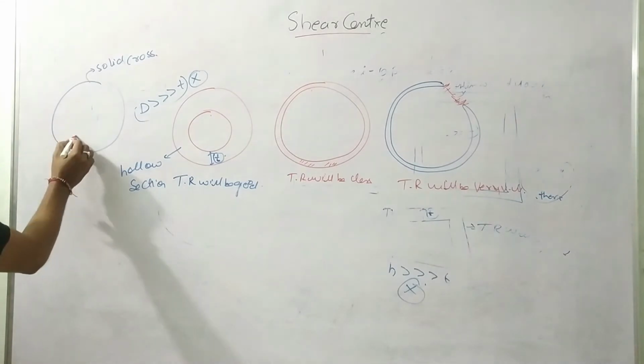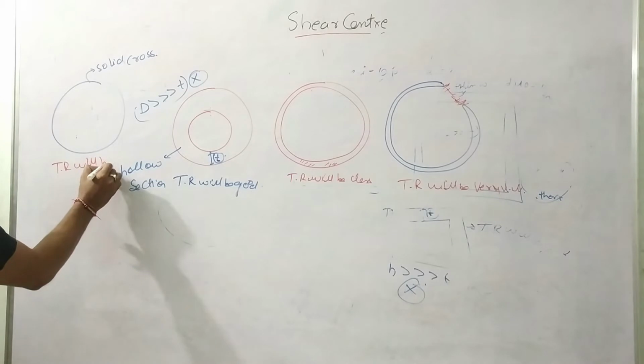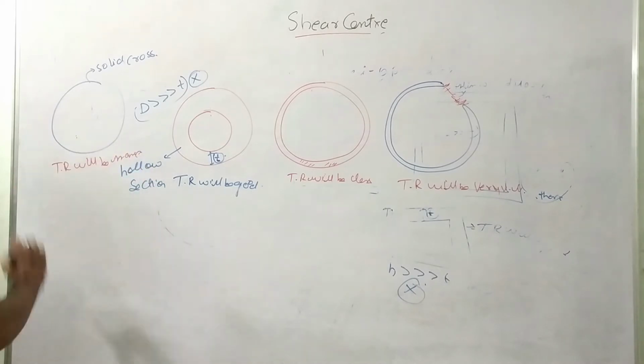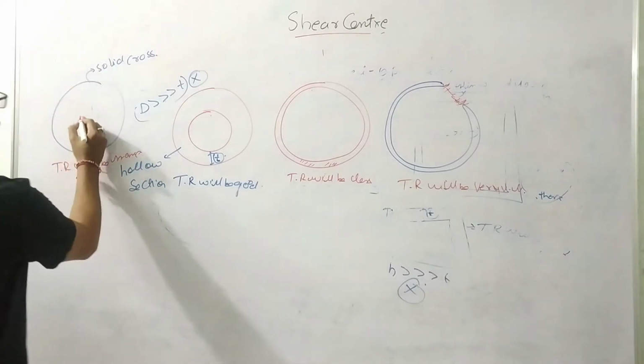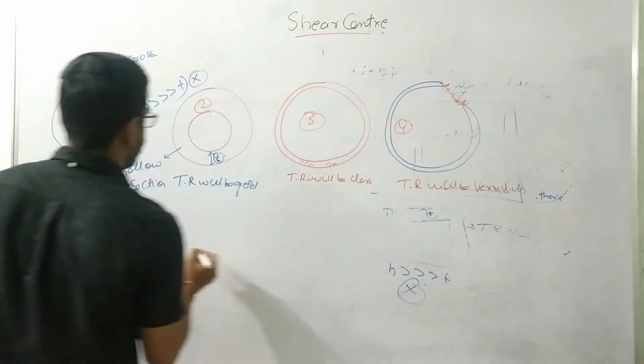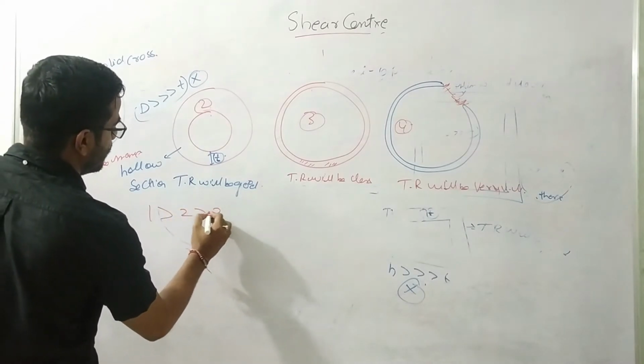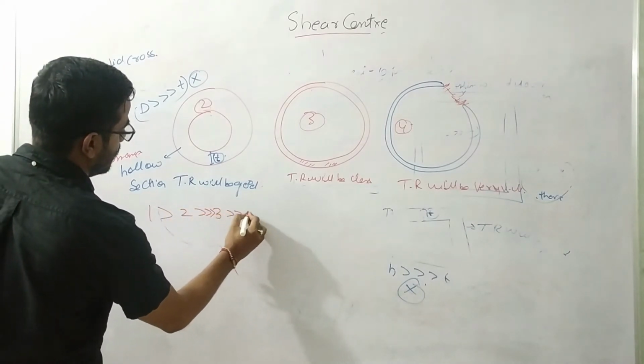And now coming to the solid cross section, the torsion resistance will be maximum. Let us suppose this is 1, this is 2, this is 3, this is 4. So the torsion resistance of 1 will be maximum, then 2, then 3, then 4.